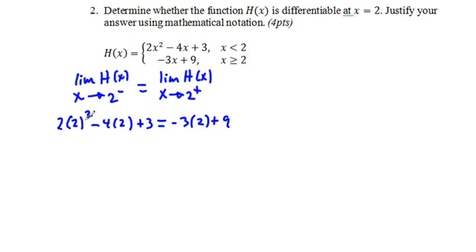Just working this out, 2 times 2 squared is 8, minus 4 times 2, 8, minus 8 plus 3 equals negative 6 plus 9. The 8 minus 8 cancel on the left side, so what we have left is 3 equals 3.